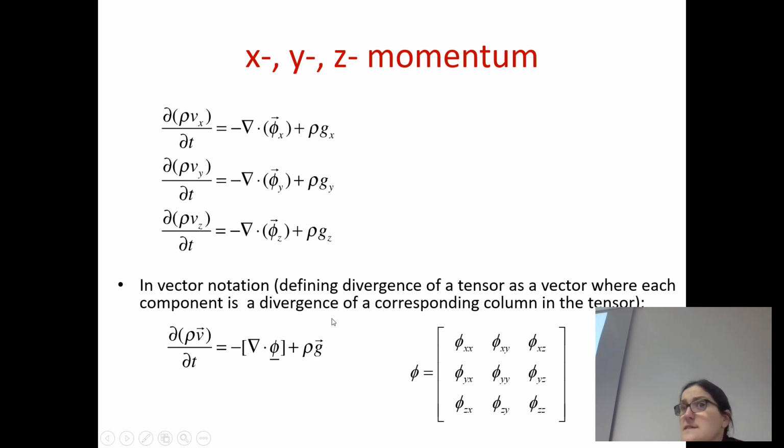And I'm just going to say something so you have something to hate me for today, the entire day. So now we're going to introduce the divergence of a tensor, simply to express these three equations. It's a vector equation, therefore it has three components.